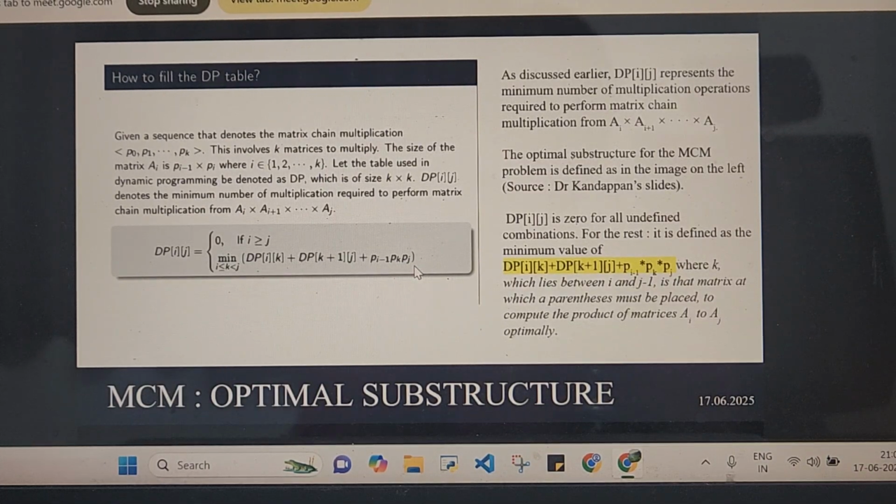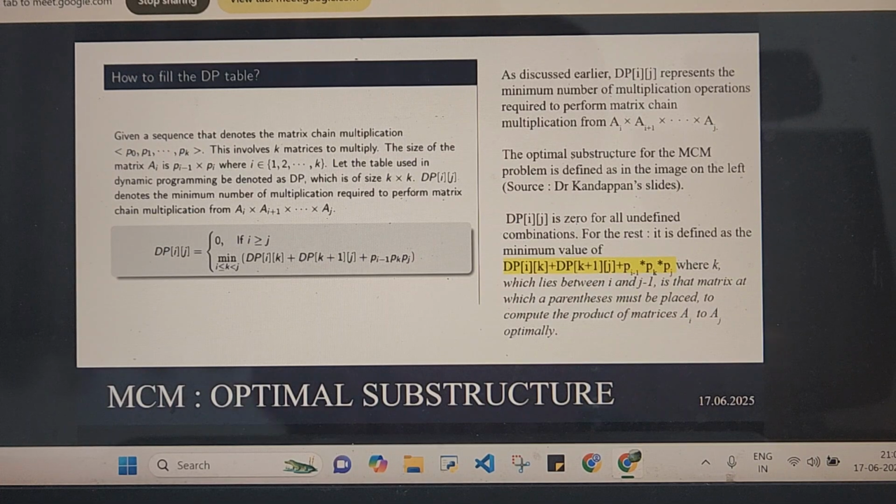So what does this expression basically tell us? You have different values of K ranging from 1, 2, up to J minus 1. For each K, you are going to compute the cost to split from I up to K, the cost to split from K plus 1 up to J, and then the cost of multiplying those two split terms. So those are these three parts respectively. You add up that cost. So you compute this for each value of K, from K equals 1, K equals 2, and so on up to K equals J minus 1.